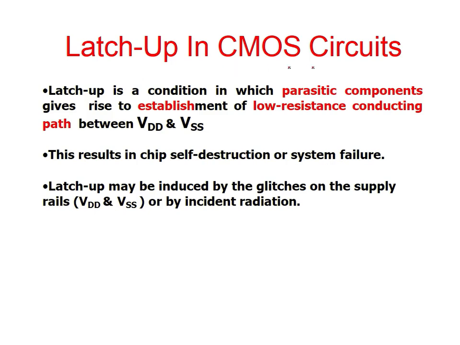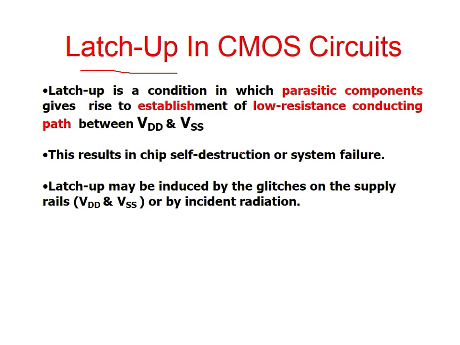Latch up in CMOS circuits. What is latch up? Latch up is a condition in which parasitic components give rise to the establishment of a low resistive conducting path between VDD and VSS. Due to that, a certain voltage drop will occur, hence you may get degraded outputs.